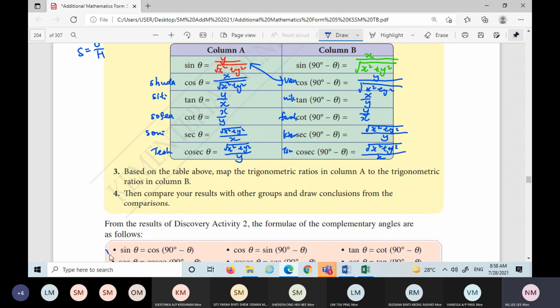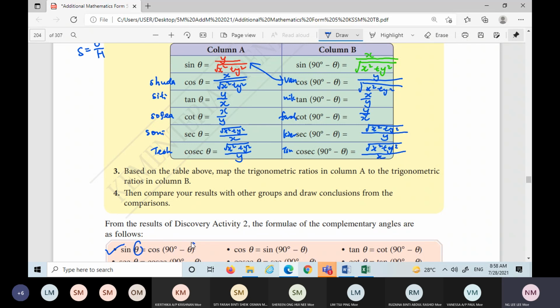This angle and this angle are complementary. Another one: this and this are the same, x over this, correct? So cos theta equals sine 90 minus theta.